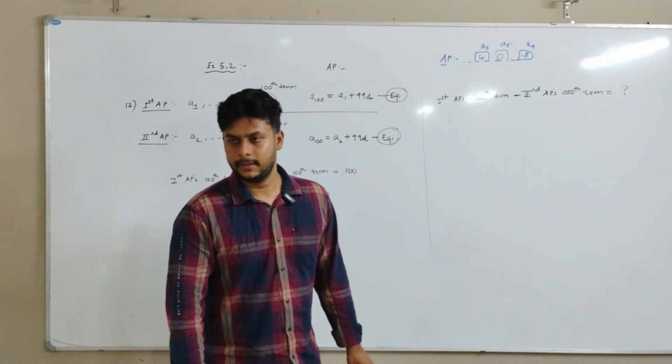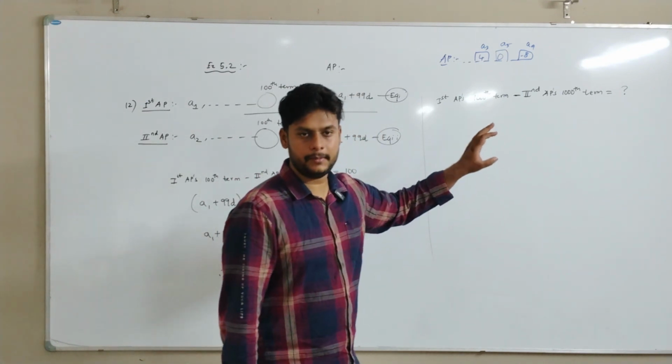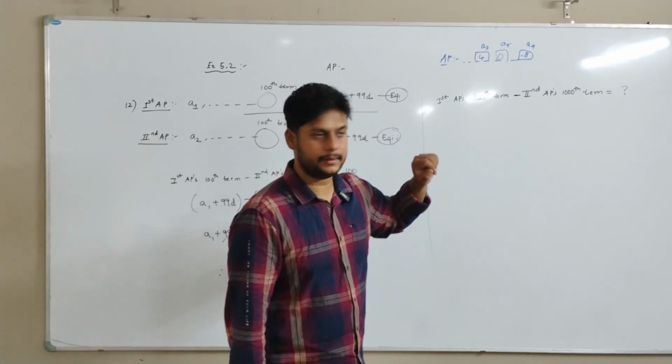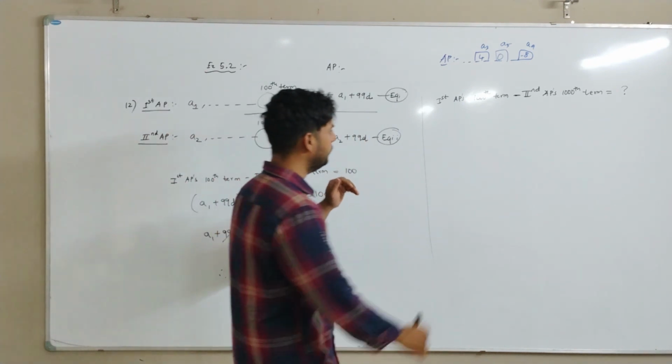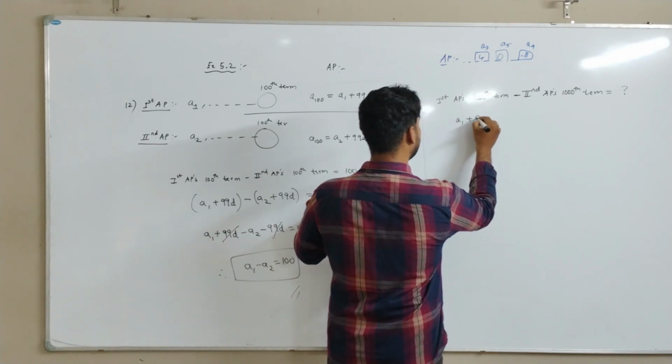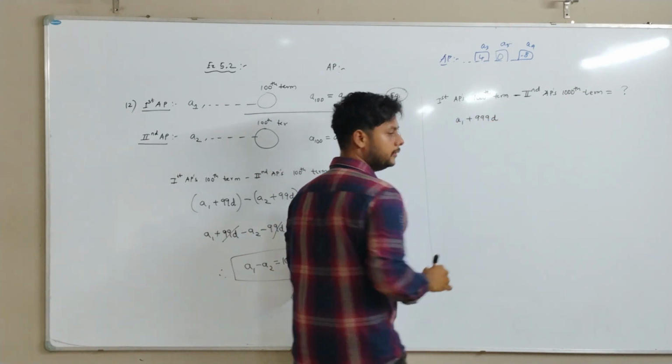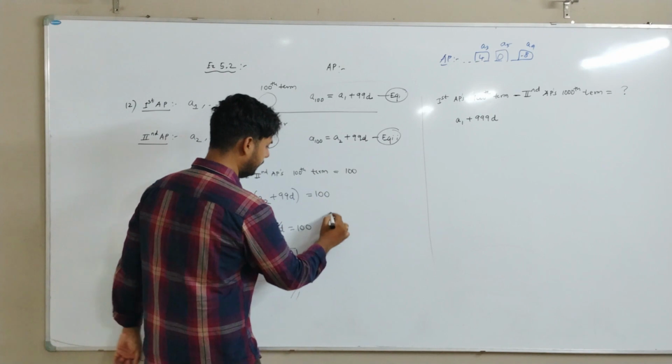Is equal to what? So the first AP's 1000th term, can anybody tell me the value? How should I write that in this format? A1 plus 999D will come. Yes or no? I will write it here.